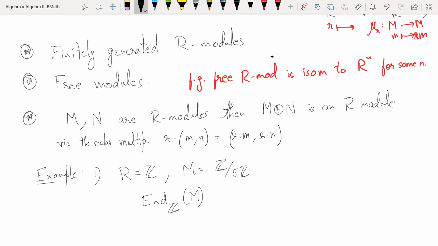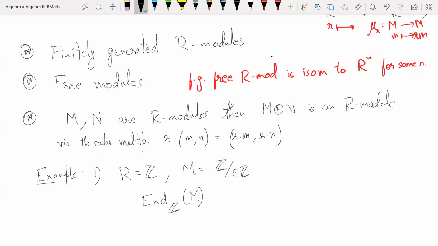What is this? It would be again isomorphic to Z mod 5Z. It is the set of all maps from Z mod 5Z to Z mod 5Z. Z-linearity doesn't impose any condition.